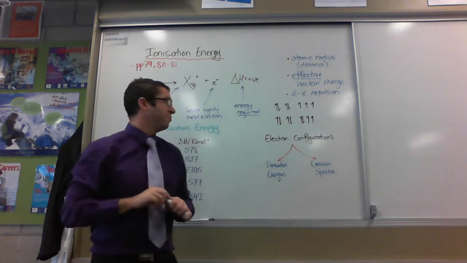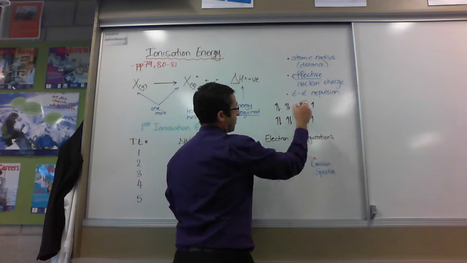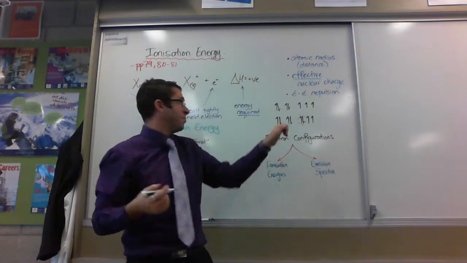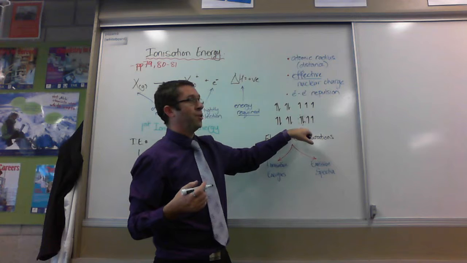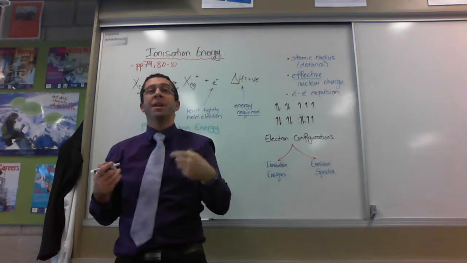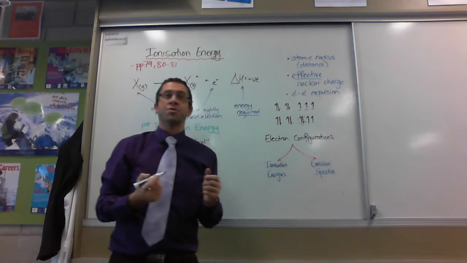There's extra repulsion here because I've got an electron that's not in that maximum spin, so therefore there's a bit more electric repulsion. So you would expect this electron that's spinning the other way to be a bit easier to remove than any of these ones here on nitrogen.